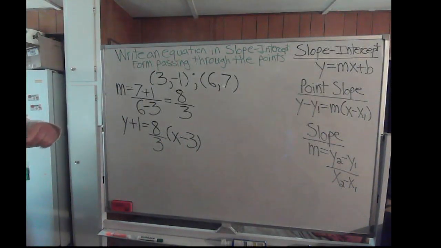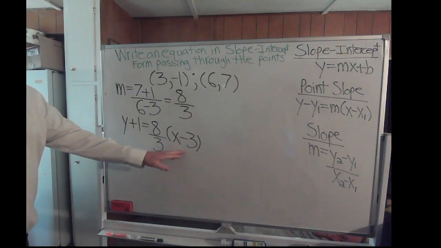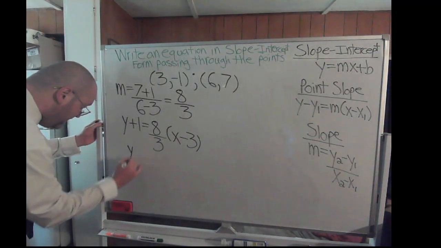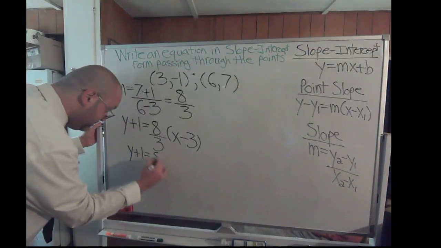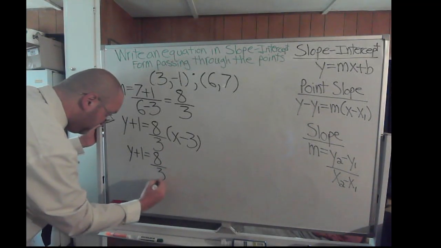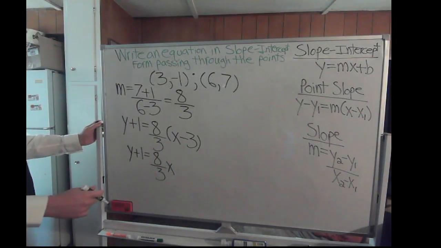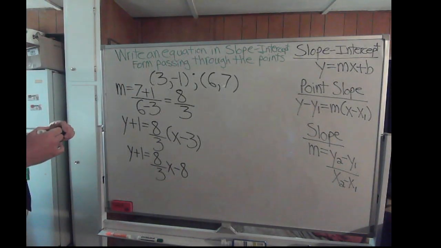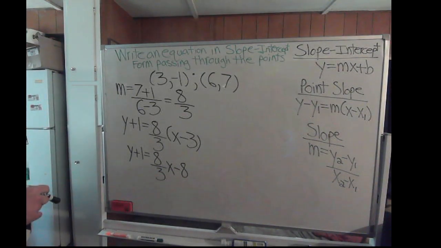So in point slope form, we have y plus 1 equals 8/3 times the quantity of x minus 3. Alright, well, let's keep your y plus 1 on the left-hand side. Do the distributive property on the right. 8/3 times x is, well, 8/3 x. Then you have 8/3 times -3, which would just become -8. So you have y plus 1 equals 8/3 x minus 8.